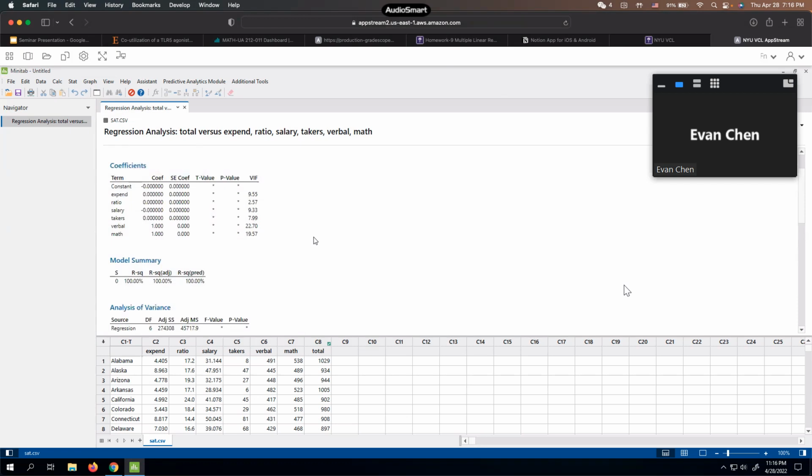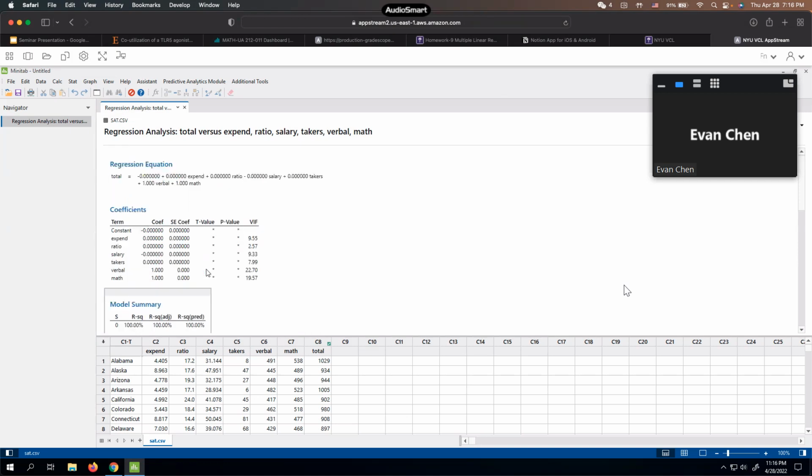And in this case, you'll find all the residuals are zero because we precisely forecast every single data point, which is your total, by adding the verbal and math. That is how the SAT score works, right? You just sum up the verbal and math. By doing so, I successfully forecast all the total scores without any error.